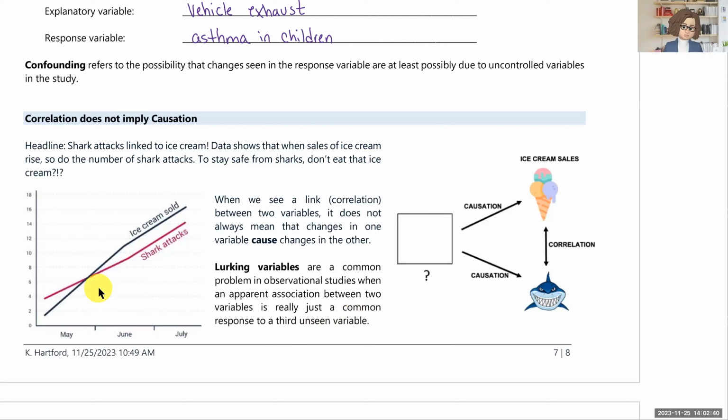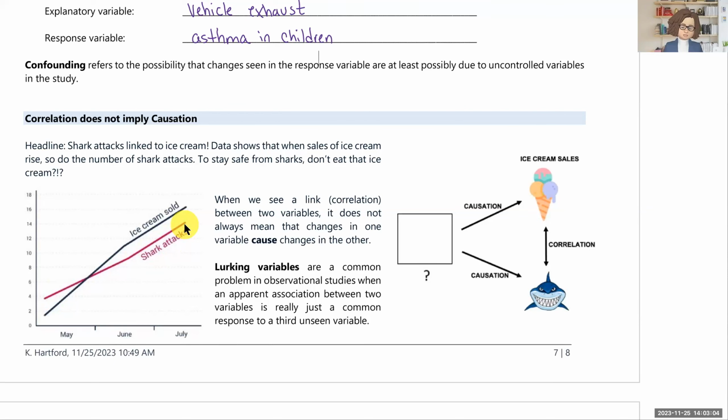So the idea here is throughout May, June, July, these are summer months, right? It's getting warmer. So as we go into summer and it gets warmer, more people are eating ice cream and more people would be in the water. And if you've got more people swimming, there would definitely be more shark attacks because there's more people there.